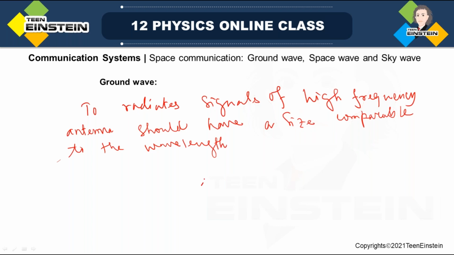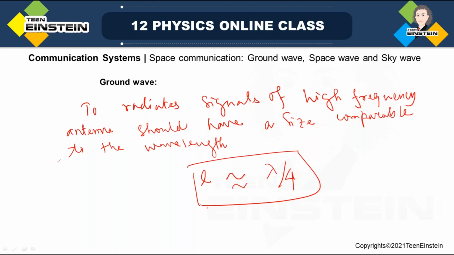That means the length of the antenna, at least, should be nearly this. This is the least size of the antenna in case of ground wave propagation, and I think this is common for everything. So if you want to radiate signals with high frequency, the antenna should have a size comparable to the wavelength, and the least size of the antenna should be lambda by 4.